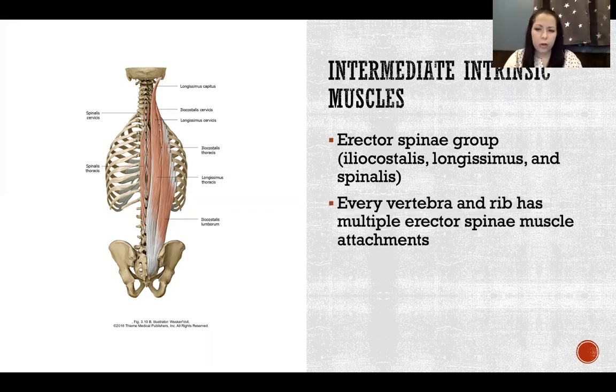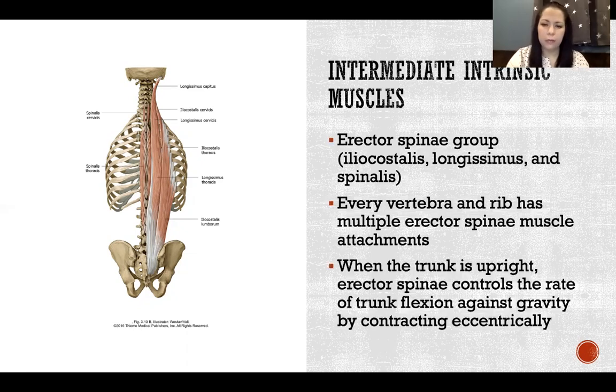So every vertebra and rib all the way up and down the spine has multiple erector spinae muscle attachments. Okay, so this is an extensive group of muscles that attach in many different places all the way up and down the entire spine. When the trunk is upright, erector spinae controls the rate of trunk flexion against gravity by contracting eccentrically. Okay, so this is a really critical function of erector spinae.